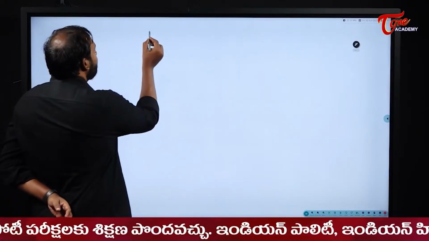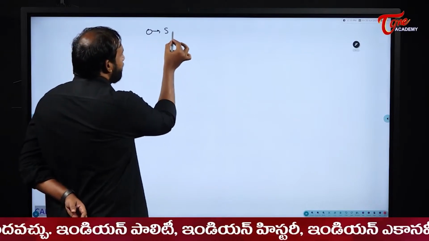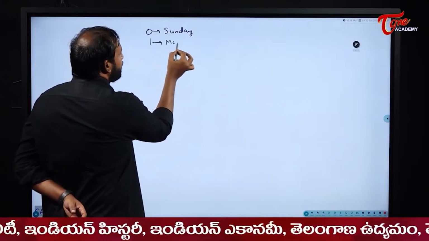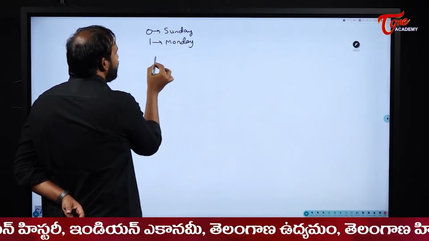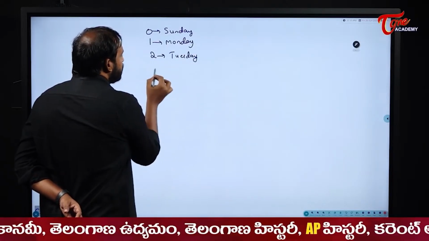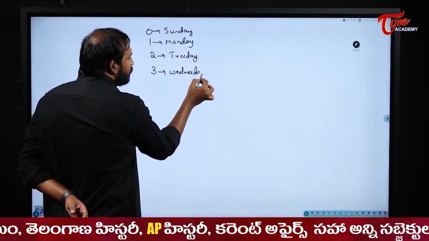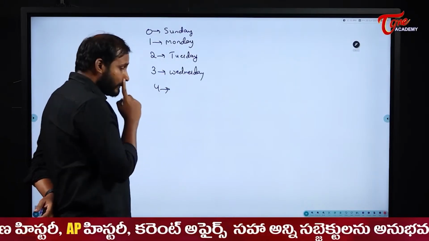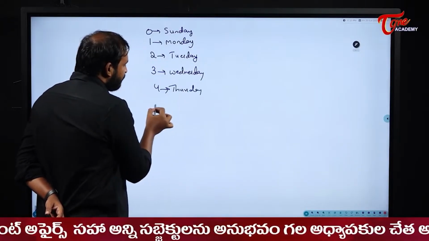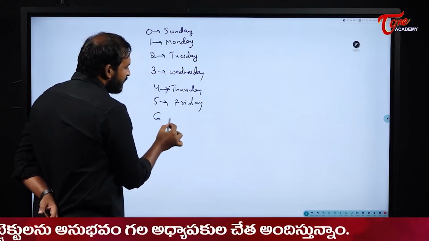See here, if you get 0 as the odd day, it is Sunday. 1 is assigned to Monday. 2 will be assigned to Tuesday. 3 will be assigned to Wednesday. 4 will be assigned to Thursday. 5 will be assigned to Friday.